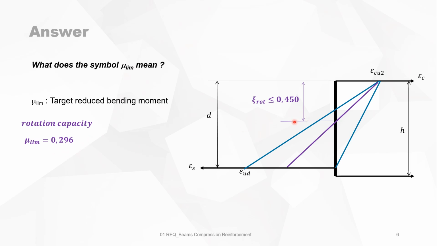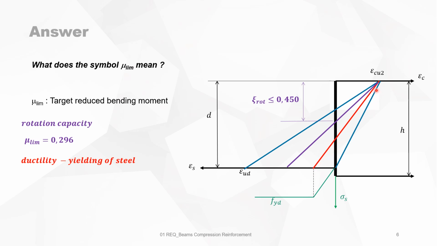Target is rotation capacity. The second example is ductility, because we want to obtain yielding of steel. This is here the stress in the steel, reinforcement steel. And then we see that to achieve yielding of the steel, to achieve f_yd, we are at this strain. Then we connect this strain to that point.